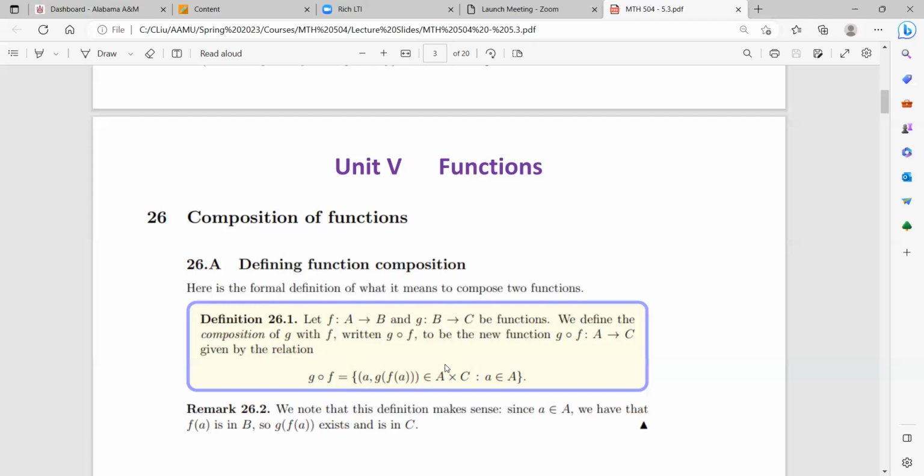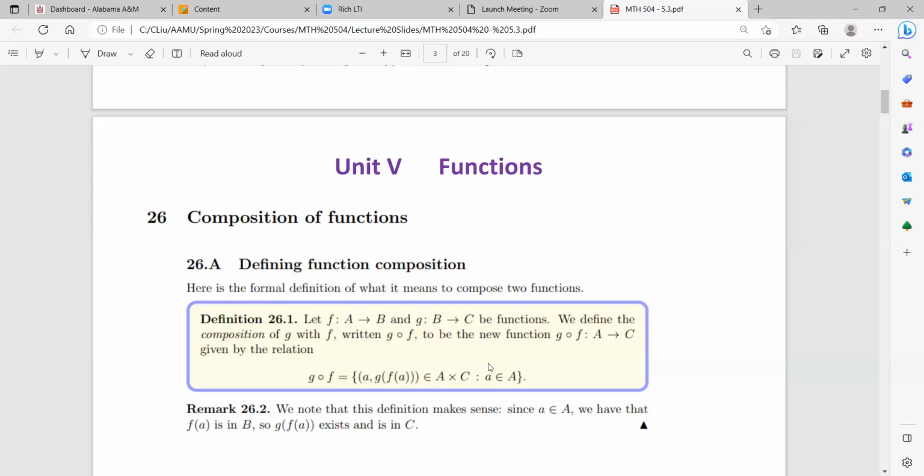So the ordered pair has a number from A in the first coordinate, and then an element from C in the second coordinate. They're not arbitrary, obviously. They have to satisfy some conditions.